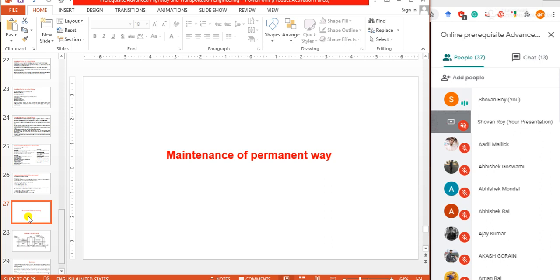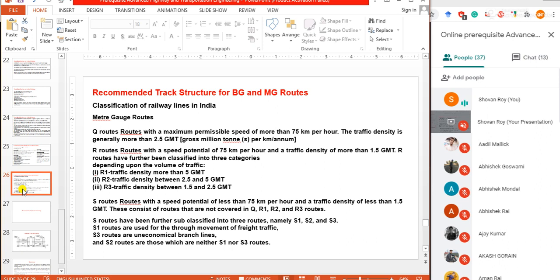Another thing under this recommended track structure for broad gauge and meter gauge that you should know is that Indian Railways has modernized its track structure in the recent past to meet the challenges of heavier loads and faster traffic.